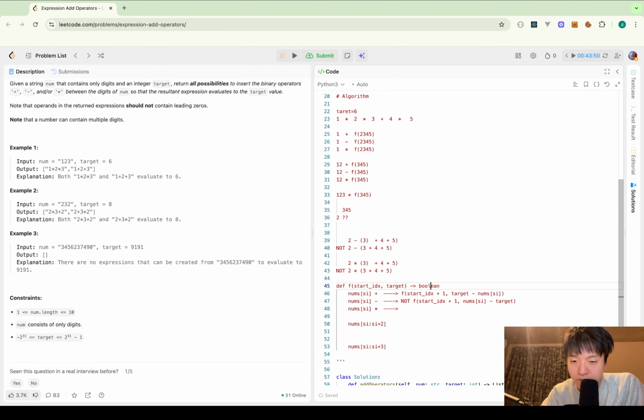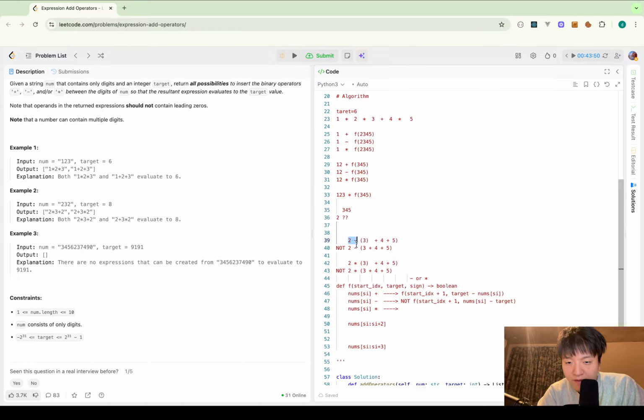Like sign. So this sign can be minus or multiplication. So the number here, with me.